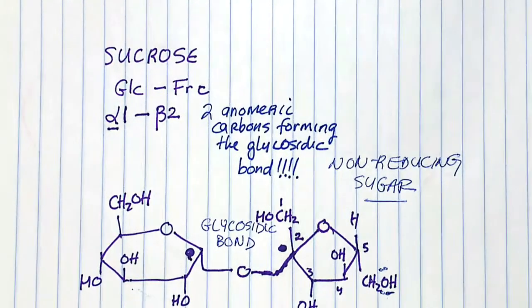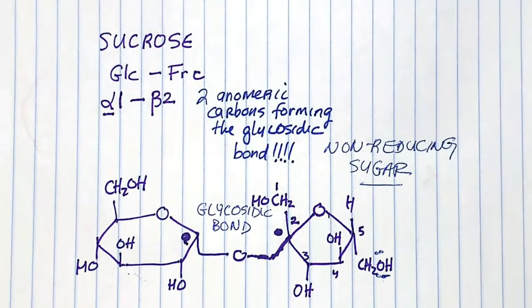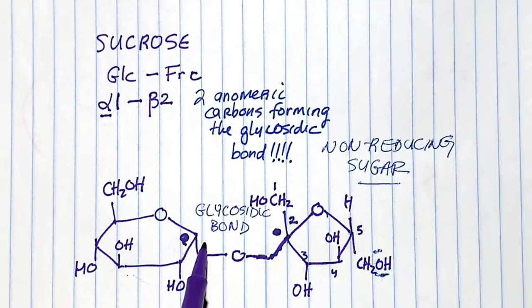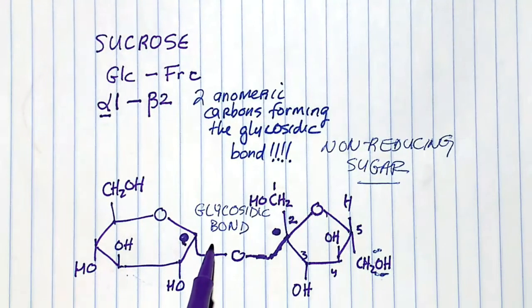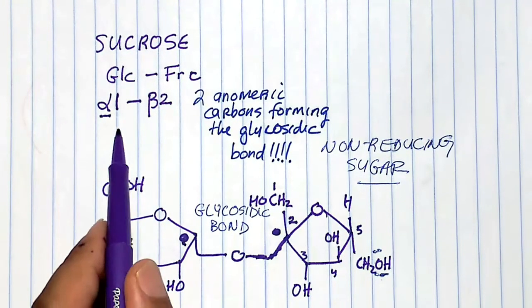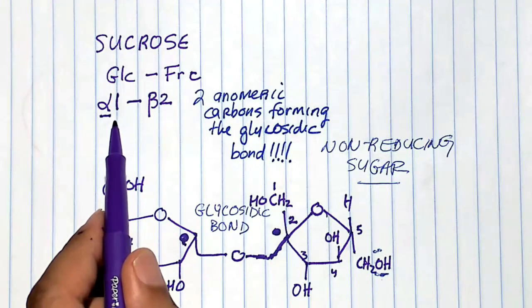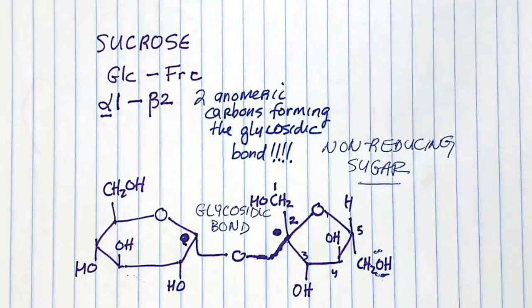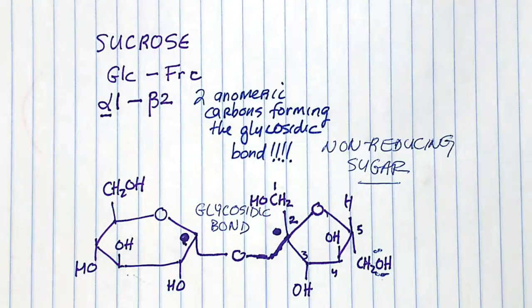One final thing before I go is that we designate the glycosidic bond if the anomeric carbon makes that bond. If it is involved in the glycosidic bond, we have to designate that as an alpha or beta. So for a beta 1,3, beta means that the anomeric carbon, carbon 1, is forming the glycosidic bond with carbon 3. Unless that carbon 3 is the anomeric carbon, we can just say beta 1,3.